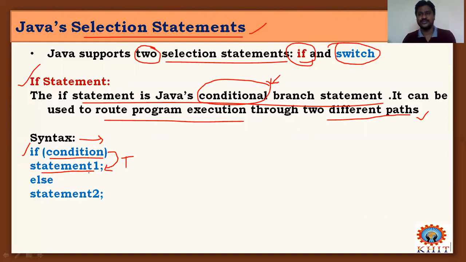Whereas if this condition is false, then else, it executes this other part of the program. So this is the meaning of using the if statement with else, and the if statement is a conditional branch statement. Based on this condition, it branches the execution of a program using this set of statements formed in an if statement.